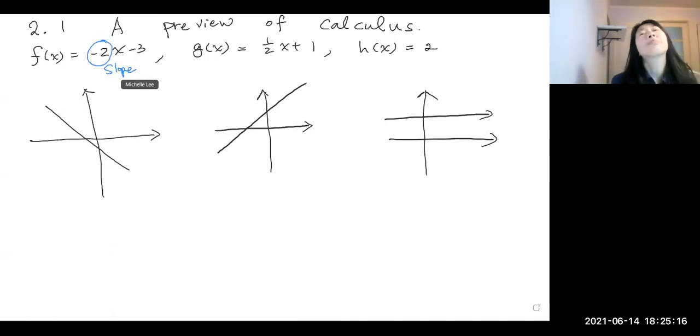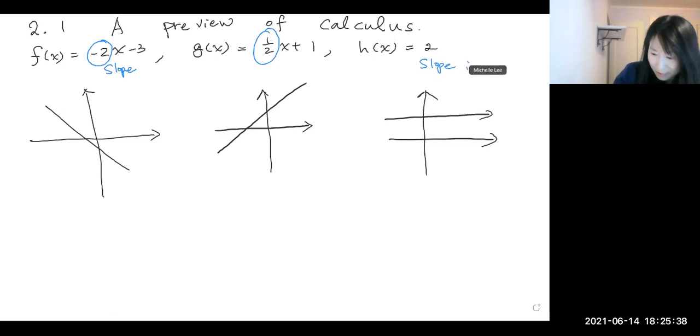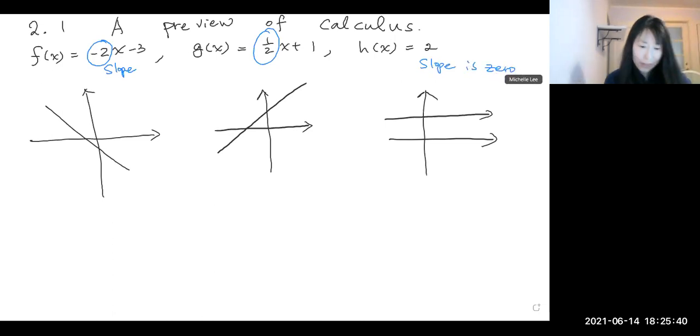And second one? 1/2. And then third one? 0. Oh, excellent. Slope is 0. Right? Very good.